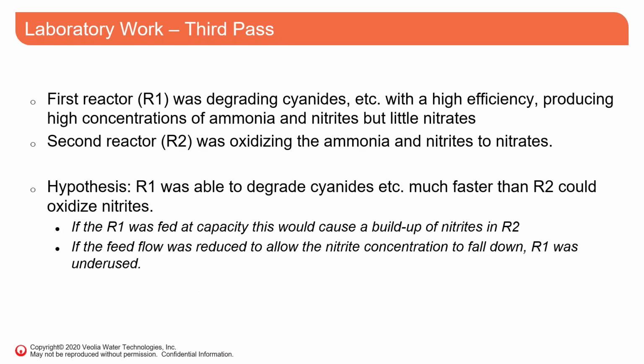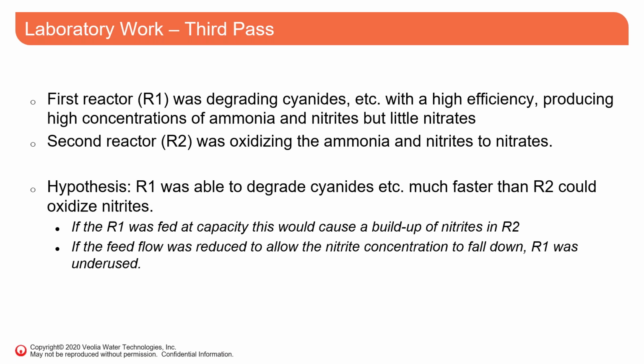Then what could be the problem? Looking at the first two reactors, the first reactor was degrading cyanide species with high efficiency, no problem. There was a high concentration of ammonia, but also a high concentration of nitrites and little nitrates. The second reactor was doing the rest of the job. So what was posed as a hypothesis?